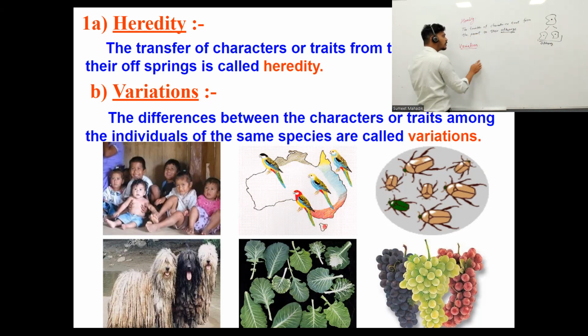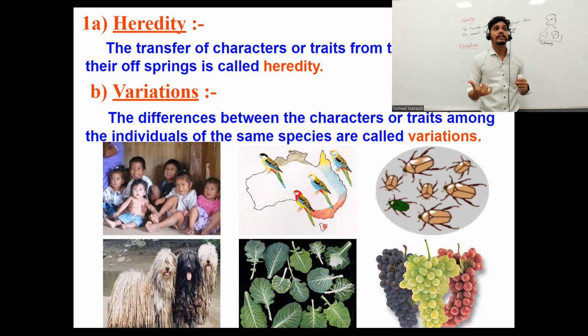But there is variation. Variation comes in sexual reproduction. Why? Because gametes are different.